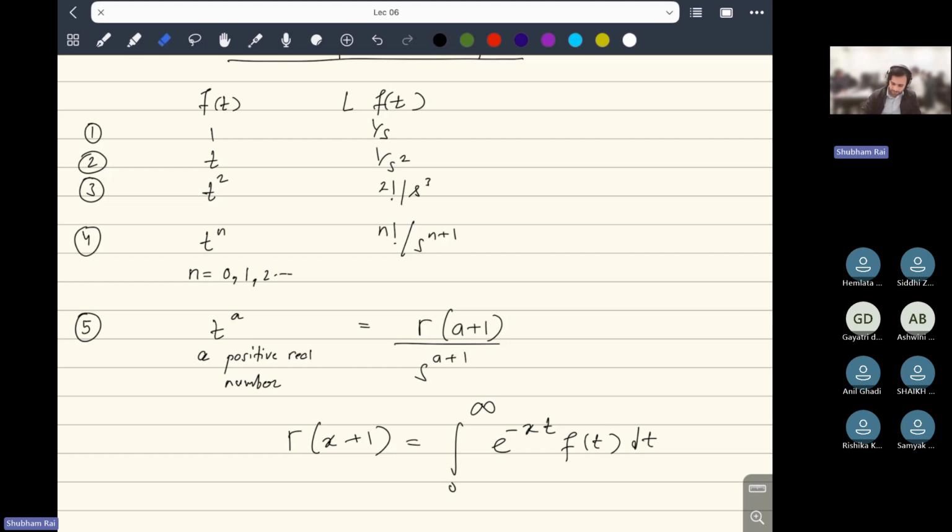No, I think, let me just see. Right. So it is t raised to power x and then e raised to power minus t dt. So this is the gamma function.